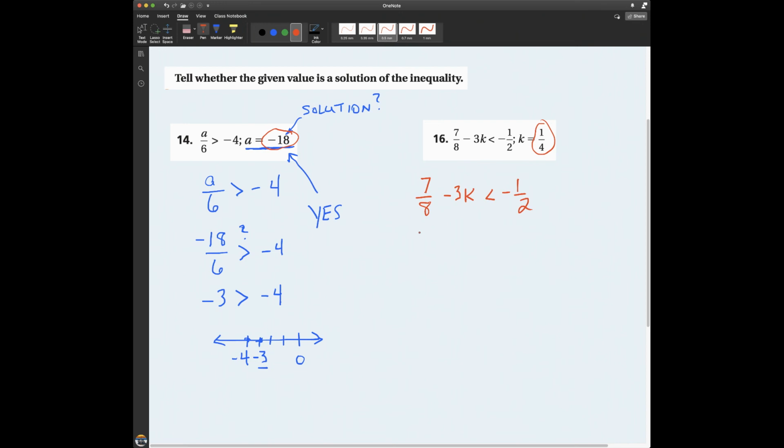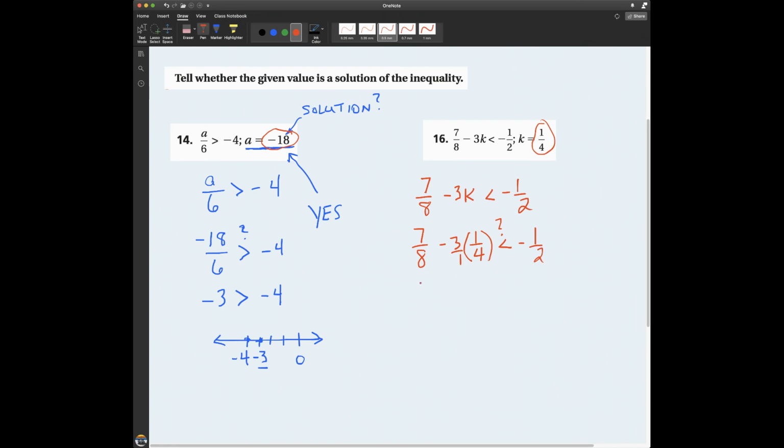So if I substitute 7/8 minus 3 times 1/4, put that over 1, is that less than negative 1/2? So is the left-hand side of the inequality less than the right-hand side of the inequality?